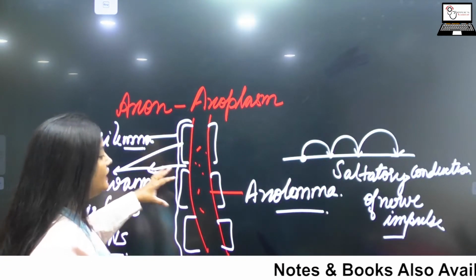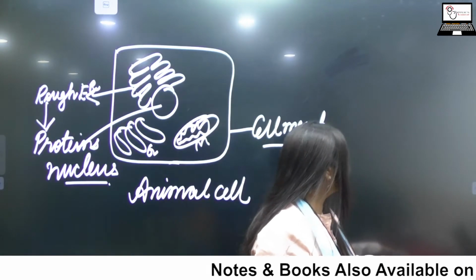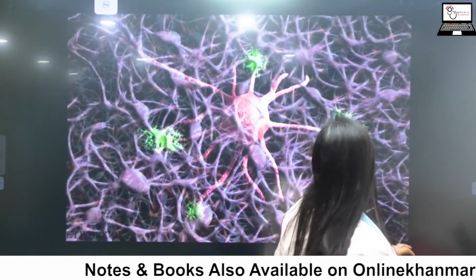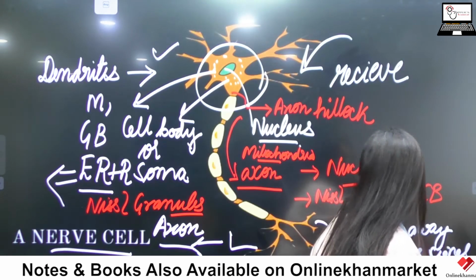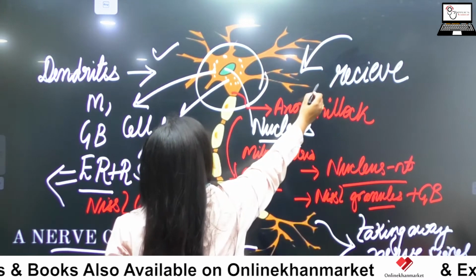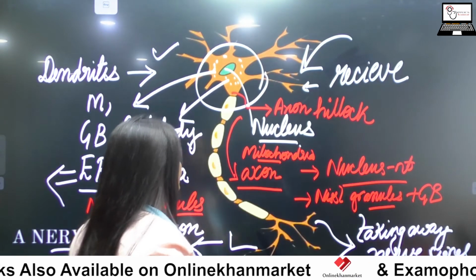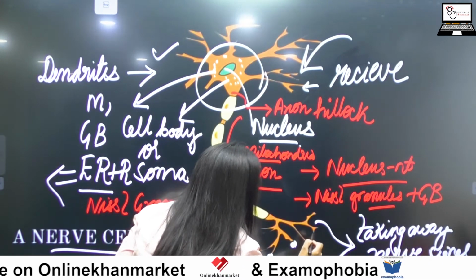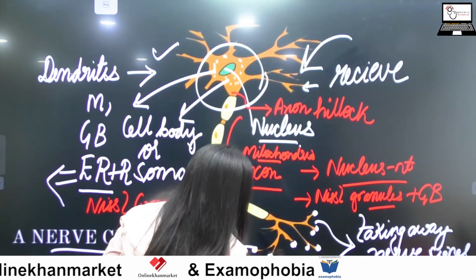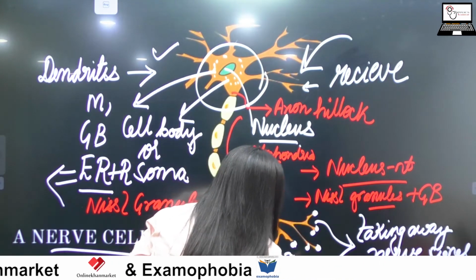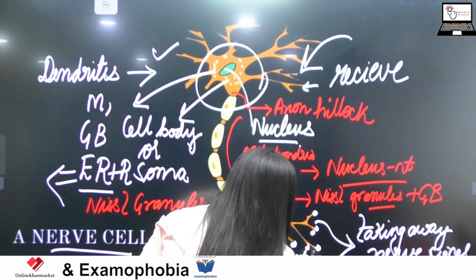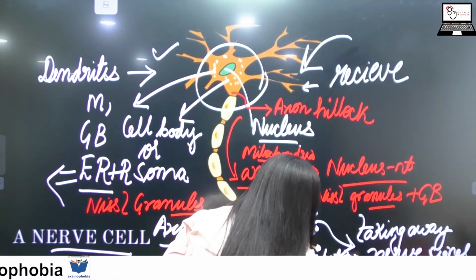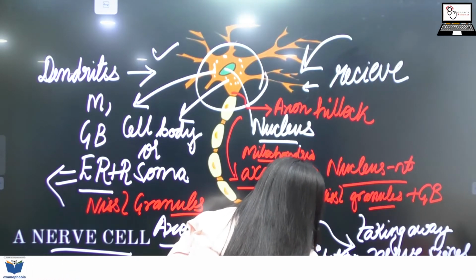There are more differences between the dendrite and the axon. Dendrites were very thin fibers, and the nerve impulse was coming towards them. But at the end of the axon, they are a little bit thicker than the dendrites, and they have some buttons. These are called synaptic buttons or synaptic knobs.